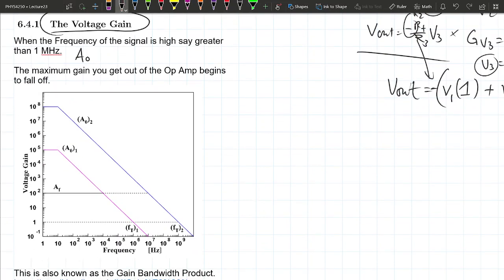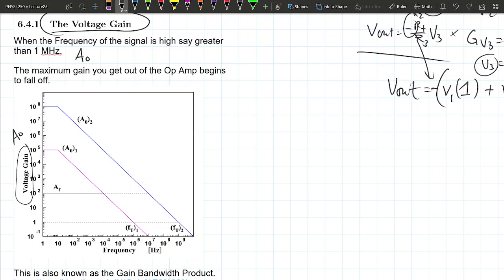The best way to look at it is to think about it in terms of a plot of the voltage gain, which is how big, whatever your input difference is, how big can it amplify it? It's basically how big inside the operational amplifier it can amplify the voltages, not outside.